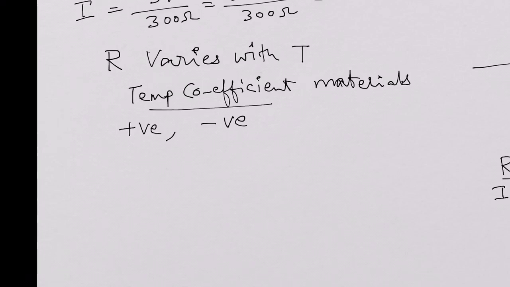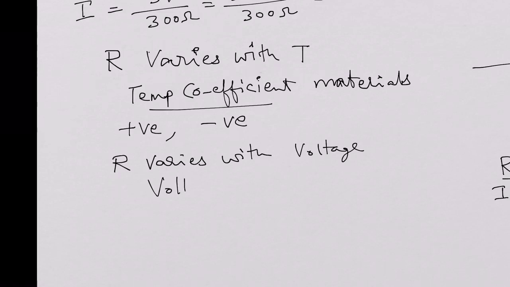And also we talked about R varying with applied voltage, which happens usually only in ICs. That's called a voltage coefficient.